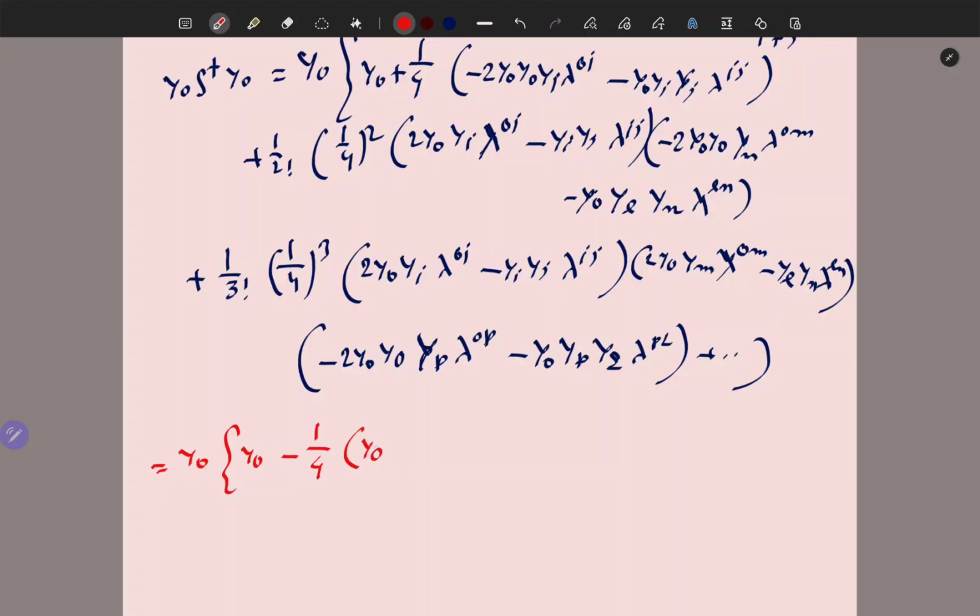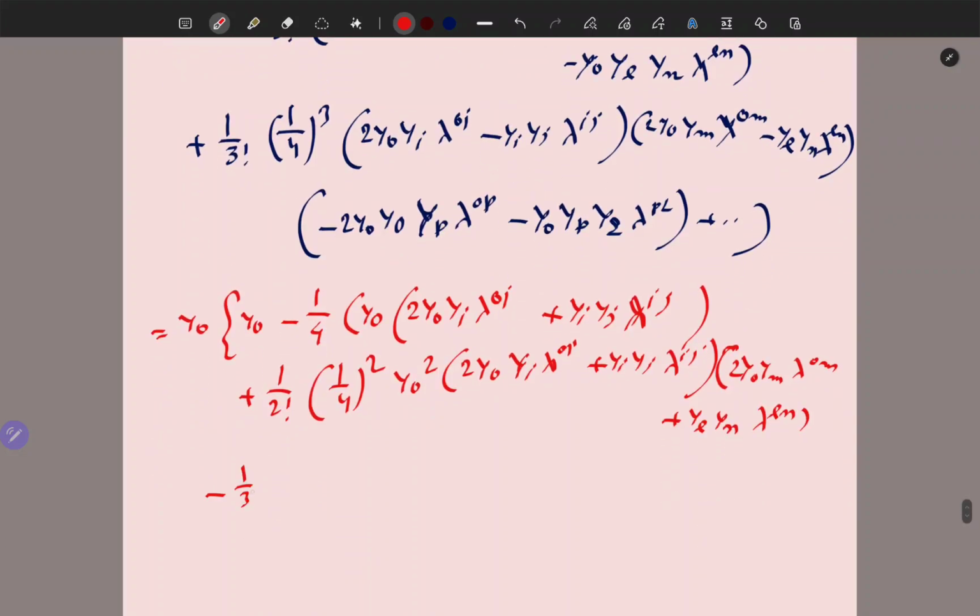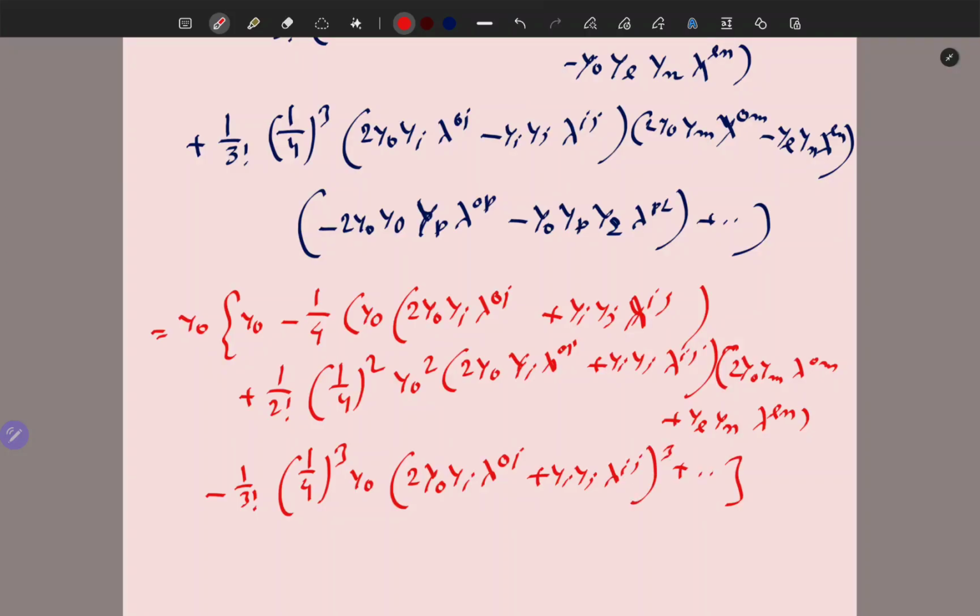minus 1/4 gamma 0 [2 gamma 0 gamma i lambda 0i plus gamma i gamma j lambda ij] plus 1/2 (1/4)^2 gamma 0 squared [2 gamma 0 gamma i lambda 0i plus gamma i gamma j lambda ij][2 gamma 0 gamma m lambda 0m plus gamma l gamma n lambda ln] minus 1/3 (1/4)^3 gamma 0 [2 gamma 0 gamma i lambda 0i plus gamma i gamma j lambda ij] cubed plus so on.